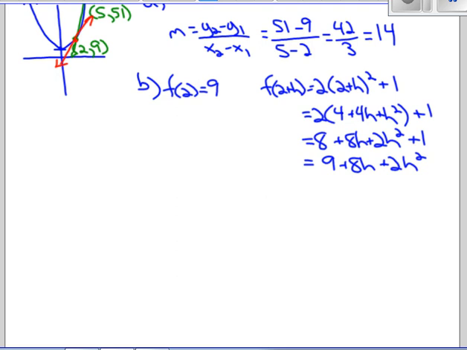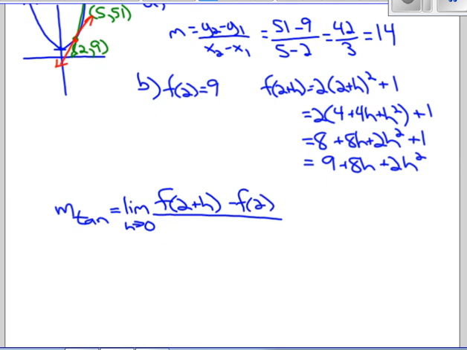Slope of the tangent is equal to the limit as h goes to 0, so 2 points that are infinitely close together, of f at 2 plus h minus f at 2 all over h.